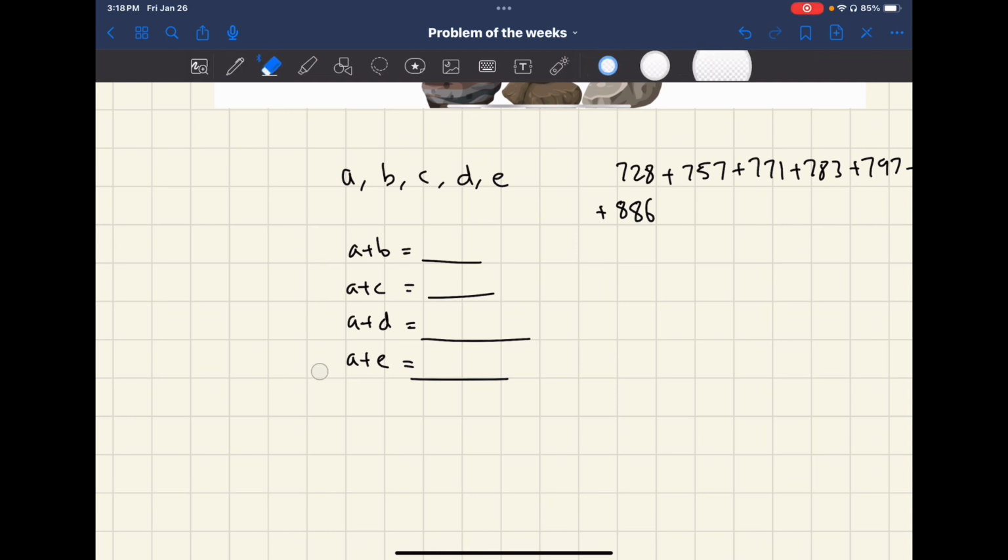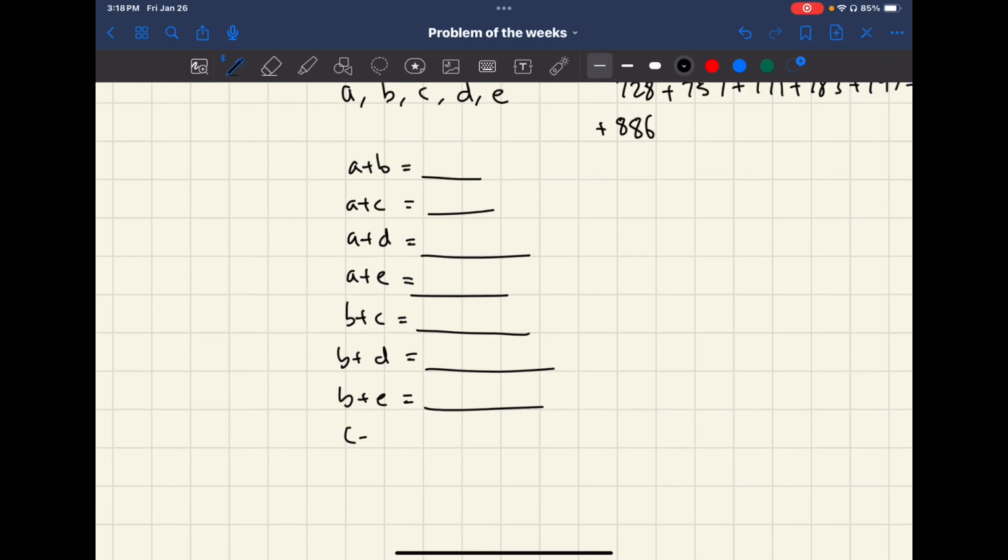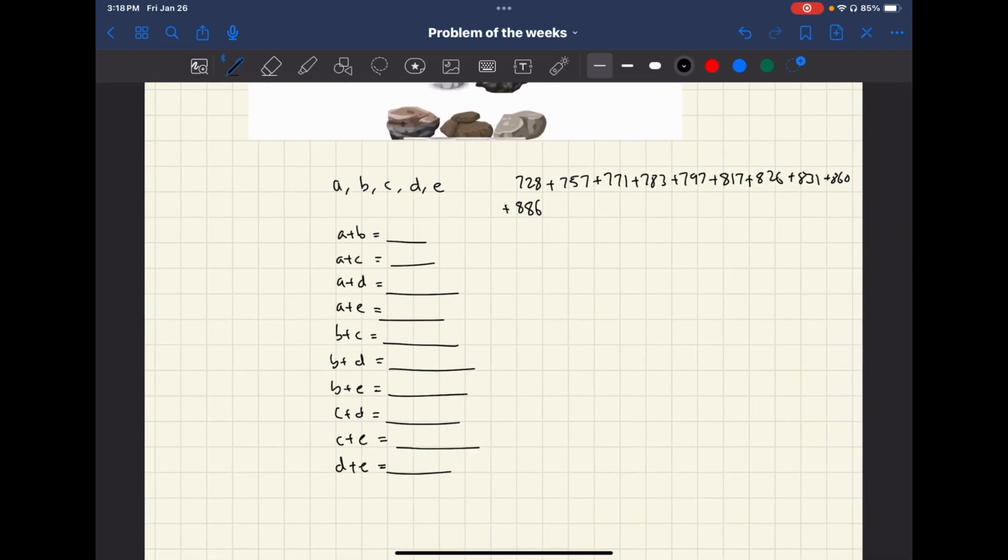I'm not going to write all the different pairs. Or actually, yeah, I'm going to write all the different pairs, so it's easier to illustrate. B plus C, B plus D, B plus E, C plus D, C plus E, and D plus E. Right? If we added all of these pairs, we're going to get this added all up.